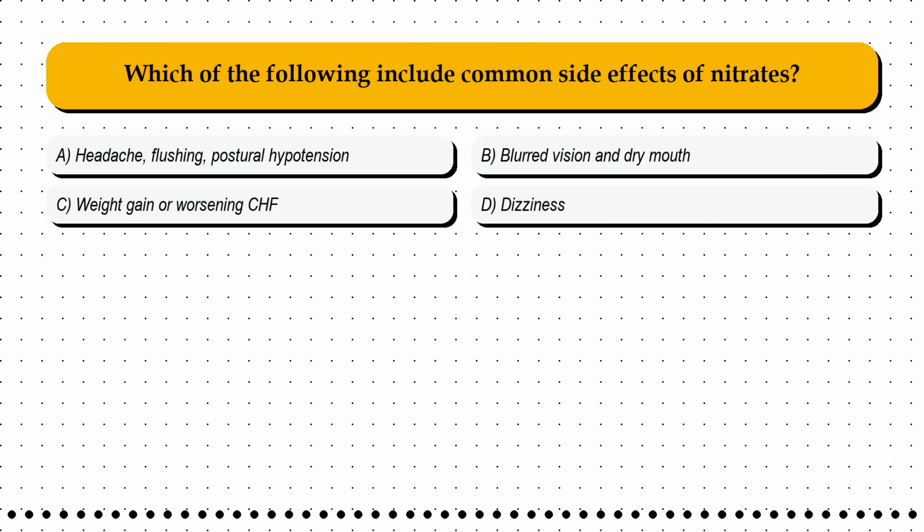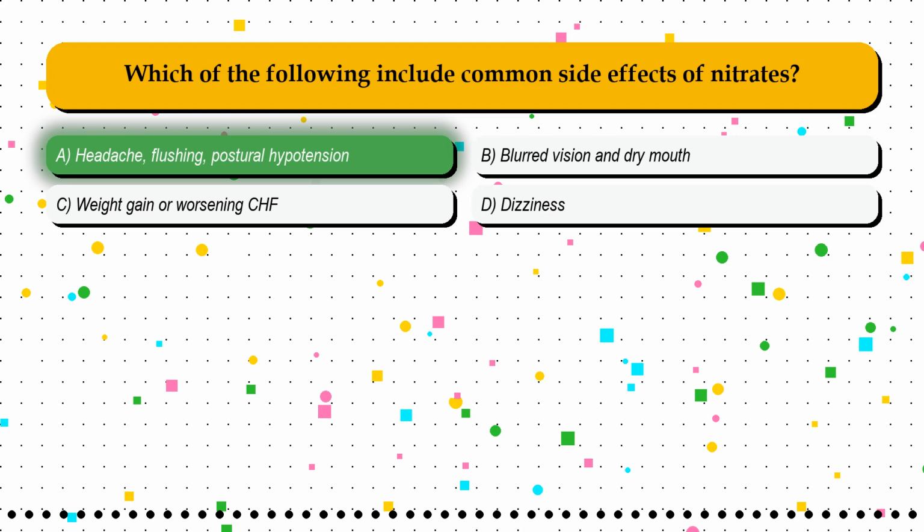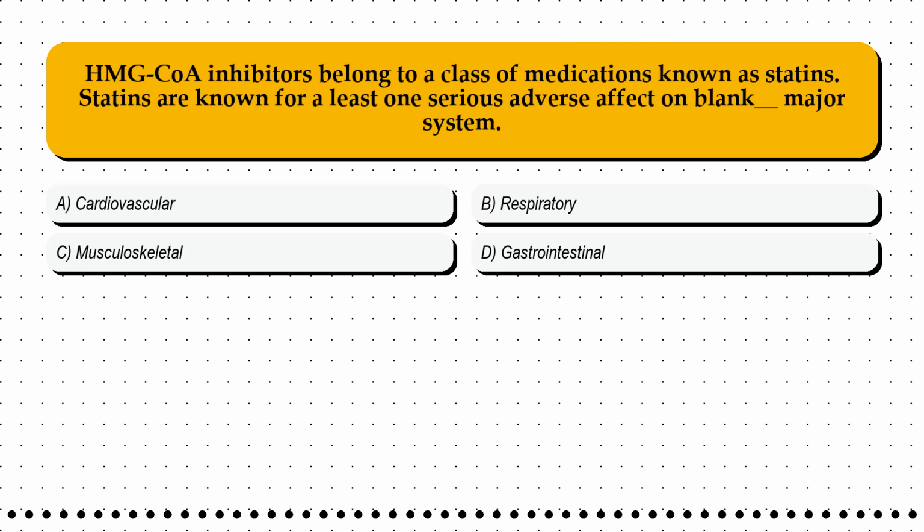Question 261. Which of the following include common side effects of nitrates? Option A, headache, flushing, postural hypotension. Option B, blurred vision and dry mouth. Option C, weight gain or worsening CHF. Option D, dizziness. The correct answer is option A, headache, flushing, postural hypotension. Question 262. HMG-CoA inhibitors belong to a class of medications known as statins.